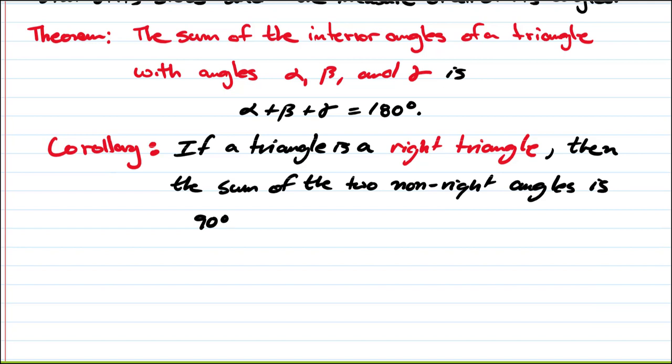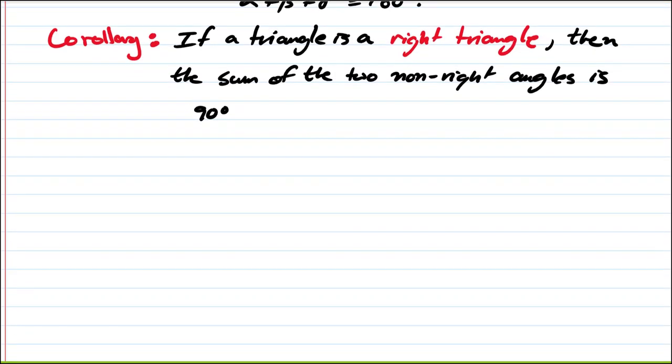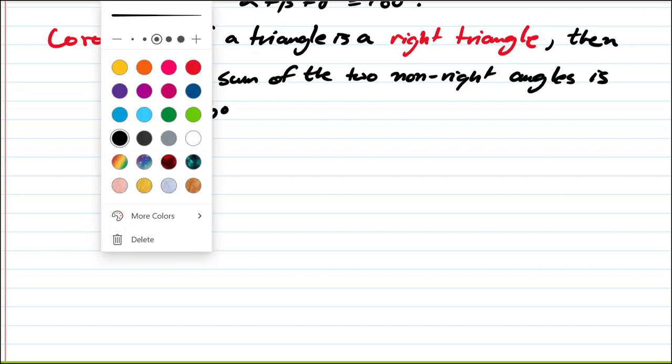So basically, if we know one of the angles has to be 90 degrees, then the other two also have to add up to 90 degrees. Alright, let's go ahead and take a look at our first example.